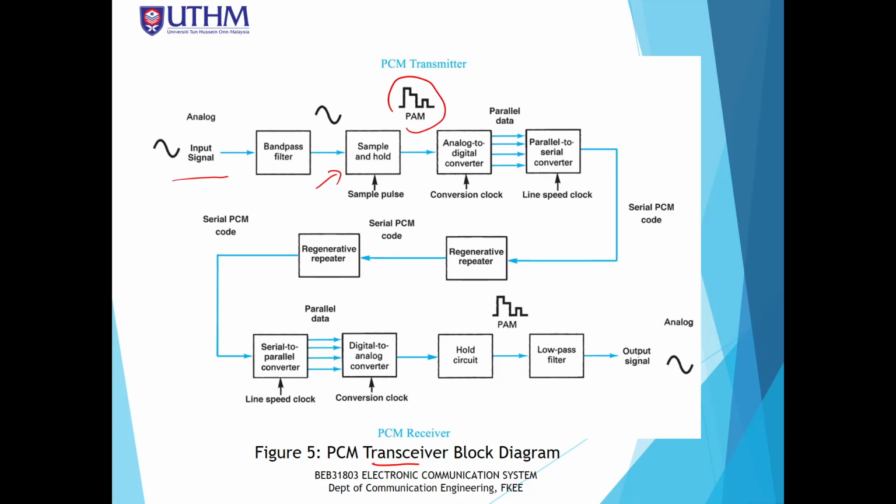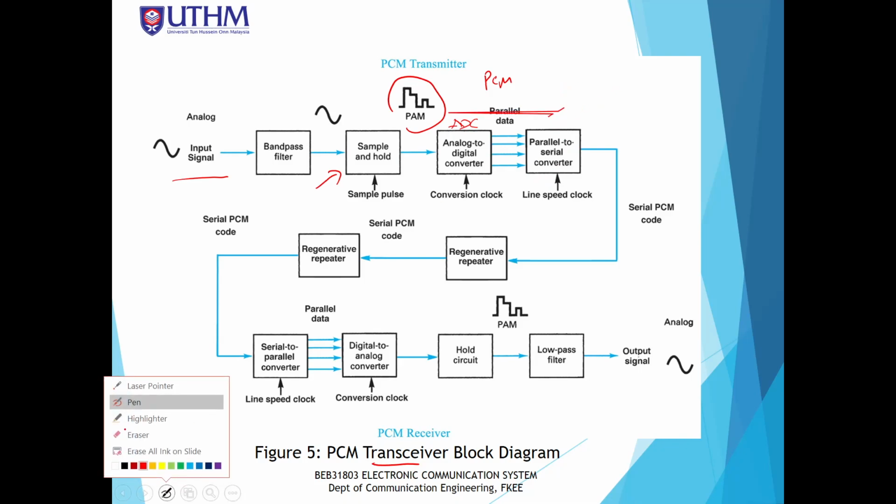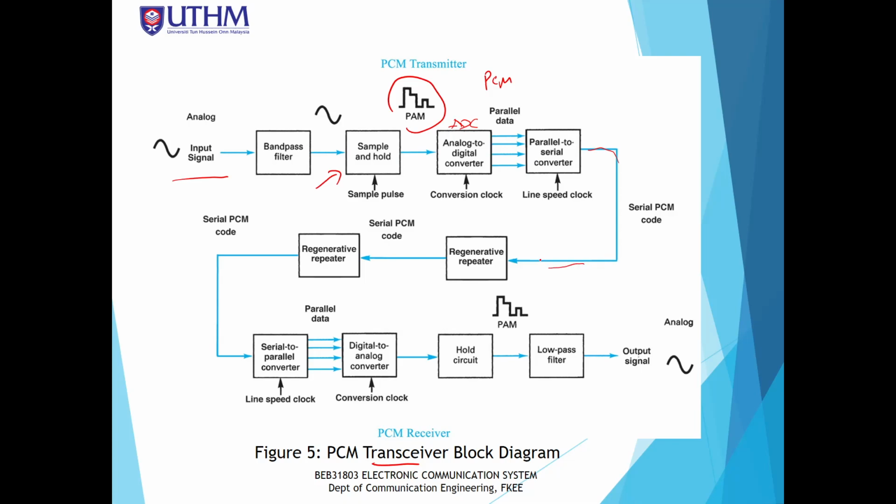Then we put it inside the analog to digital converter, the ADC, to do the process of quantization and also encoding. After we produce a PCM code, we need to convert it into electrical pulses, which is done by the parallel to serial converter, and then we transmit into the medium to the receiver.